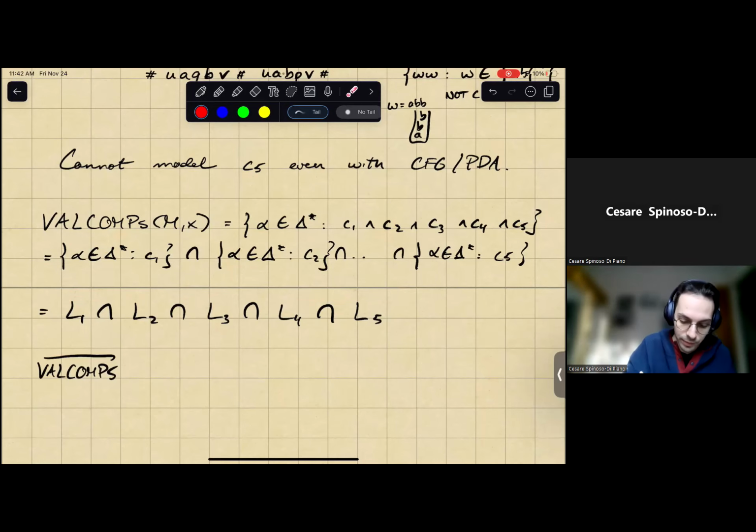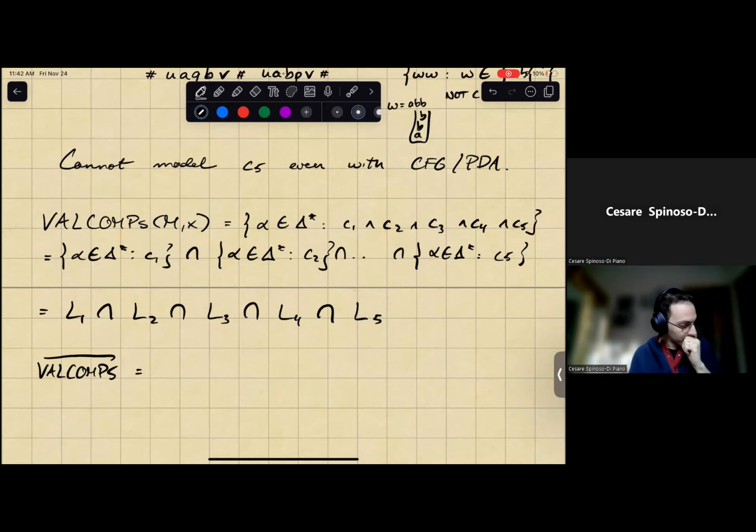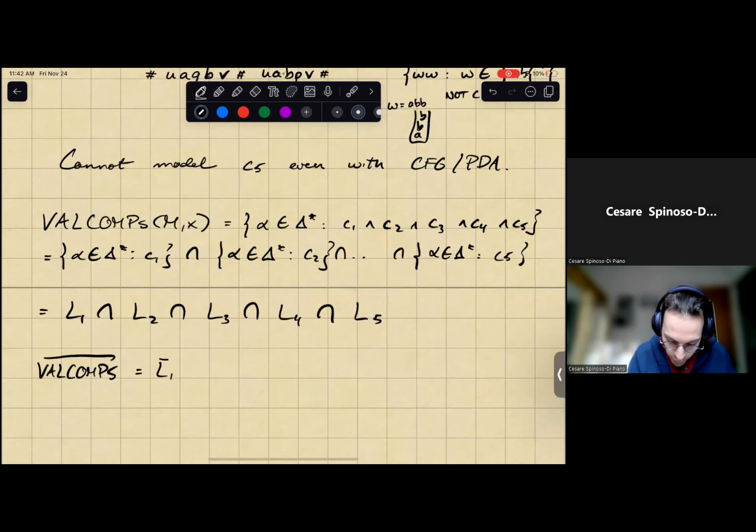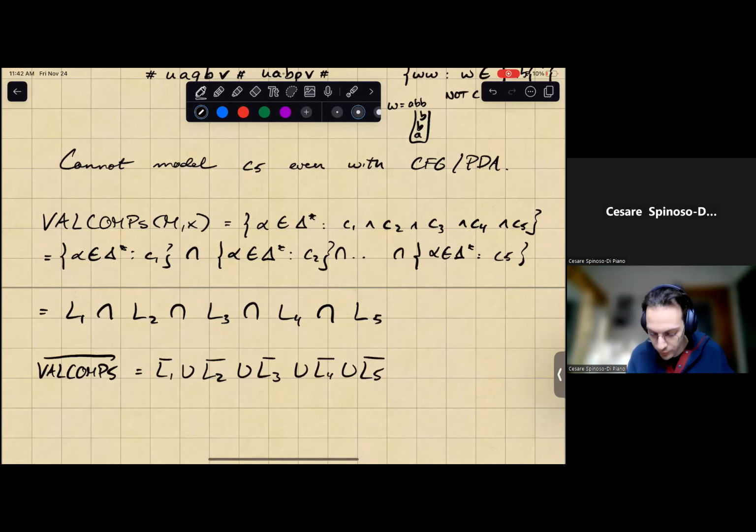That's De Morgan's law. As long as I have a finite number of languages, everything's okay. So I get L1 complement union L2 complement union L3 complement union L4 complement union L5 complement.